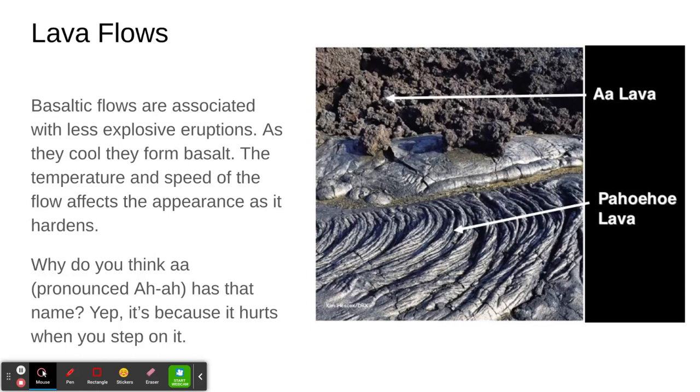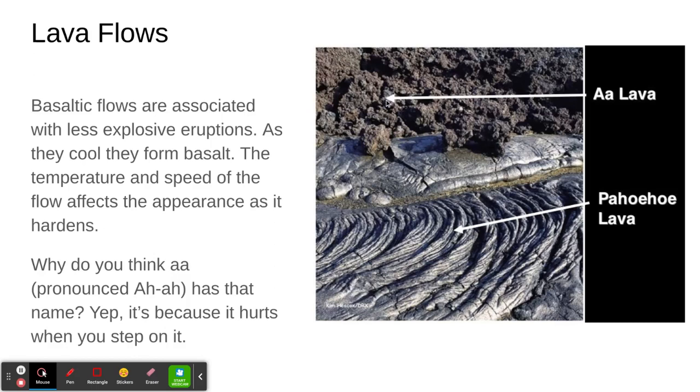Then for lava flows, these basaltic flows, the more mafic ones, are associated with less explosive eruptions. As they cool, they form, as the name would suggest, basalt, super mafic, right? And the temperature and speed they flow affects the appearance as it hardens.